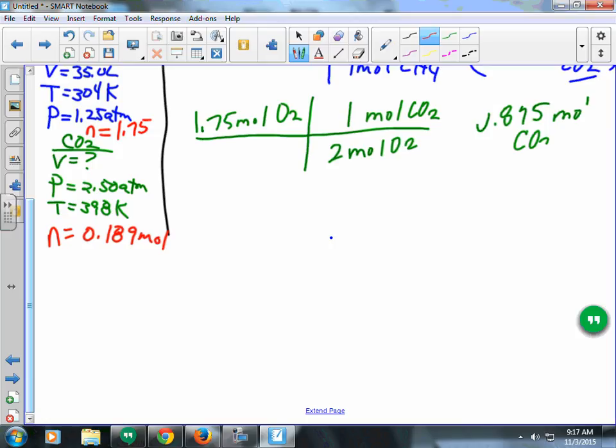So now we can just focus on the ideal gas law again. We know how many moles of CO2 we got. We know its pressure. We know its temperature.